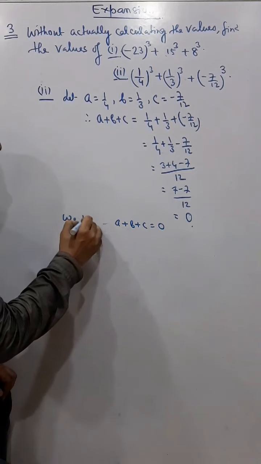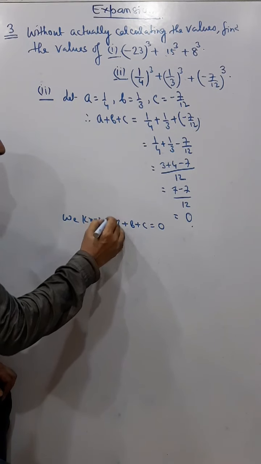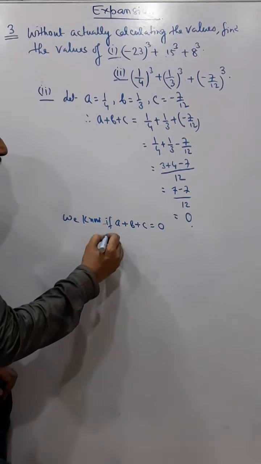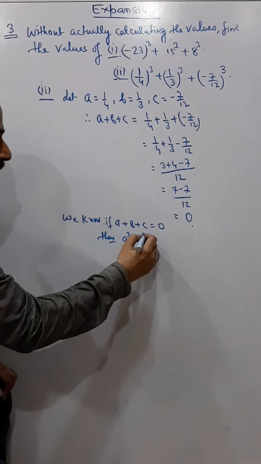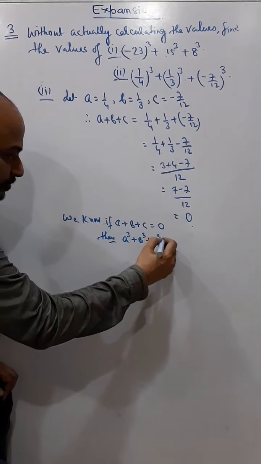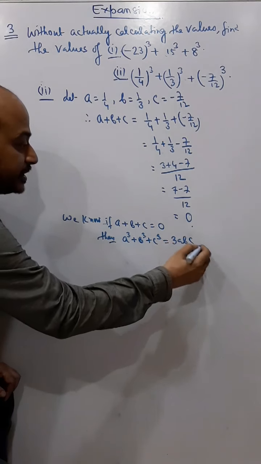Now we know that if A plus B plus C equals 0, then A cube plus B cube plus C cube is equal to 3ABC.